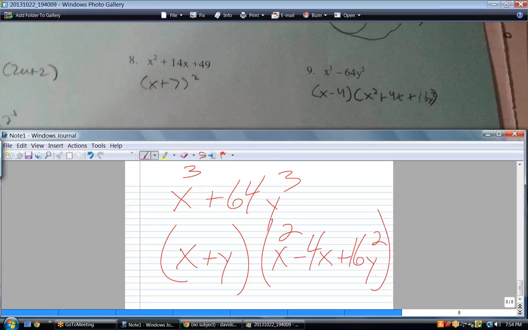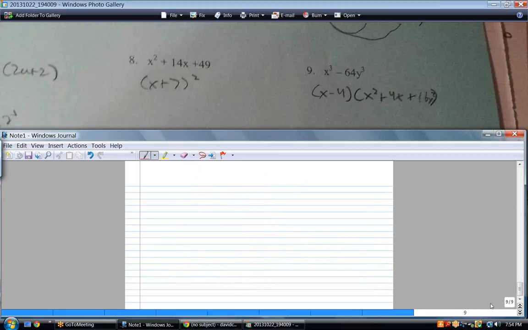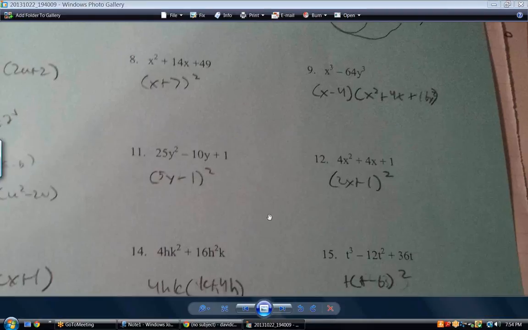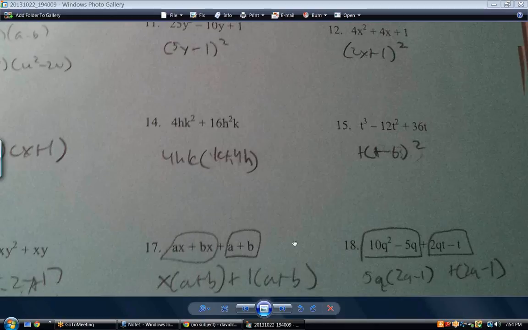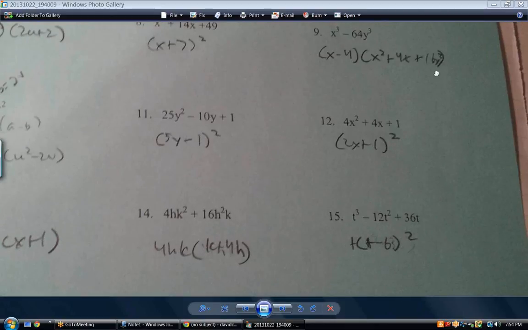So it's just sign flipping. Exactly. Always use the same sign here as your binomial, and the sign of the middle term is always opposite. Always plus on this third term.